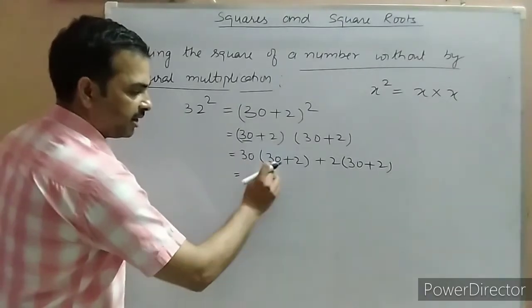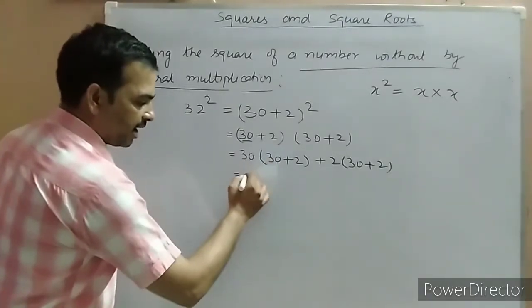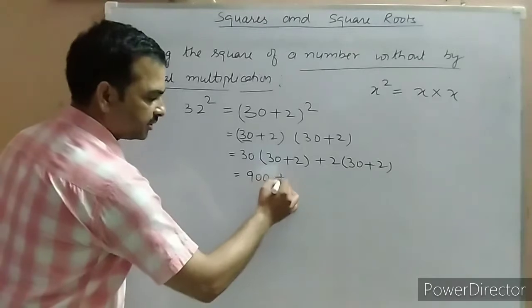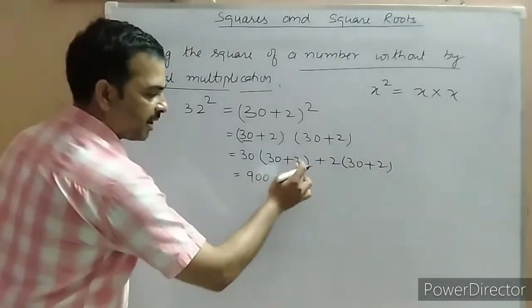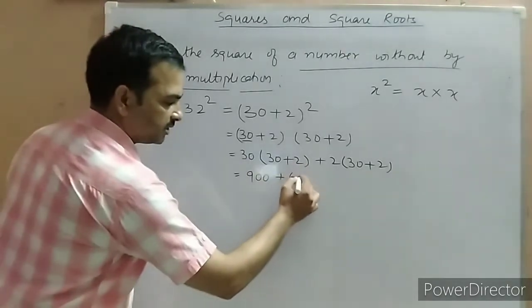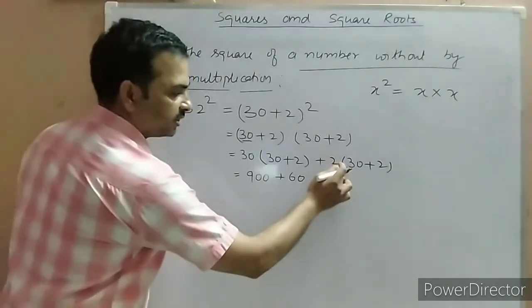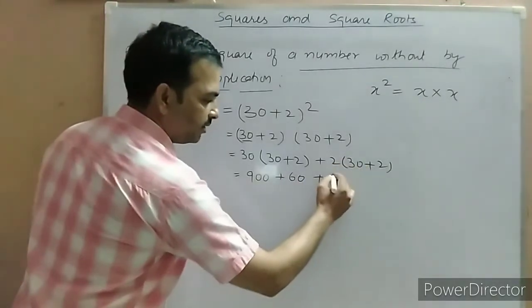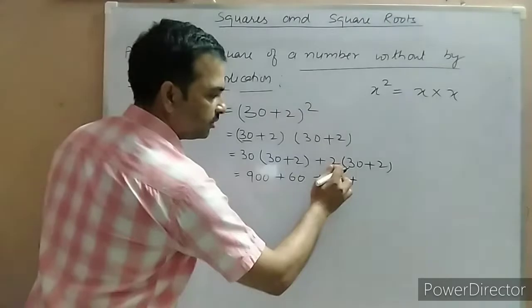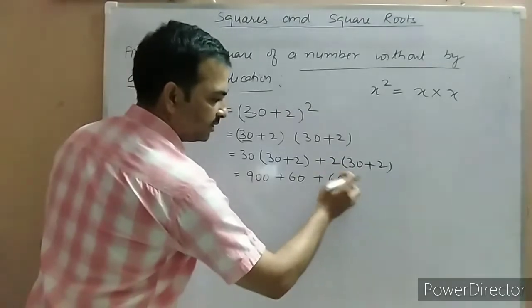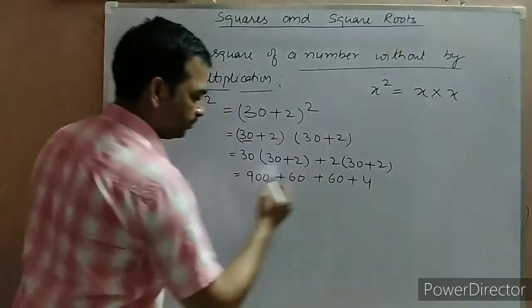Now 30 into 30, I get 900, plus 30 multiplied by 2 is 60, plus 2 multiplied by 30 is 60, plus 2 into 2 is 4.